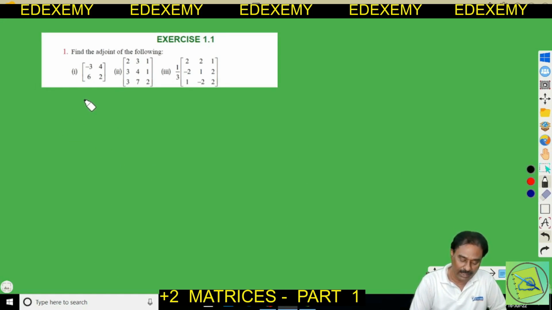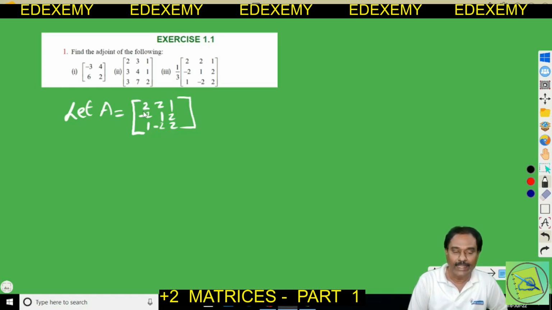Let A be the matrix 2, 2, 1, minus 2, 1, 2, 1, minus 2, 2. Same as the previous problem. Now we are going to work it out directly, not in detail as in the previous problem.